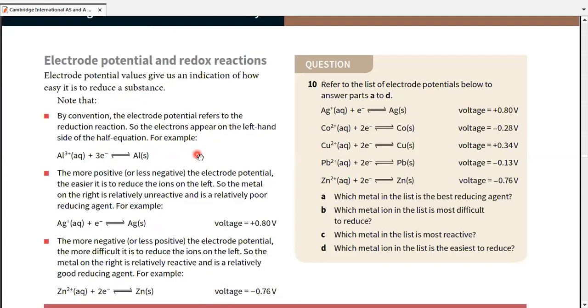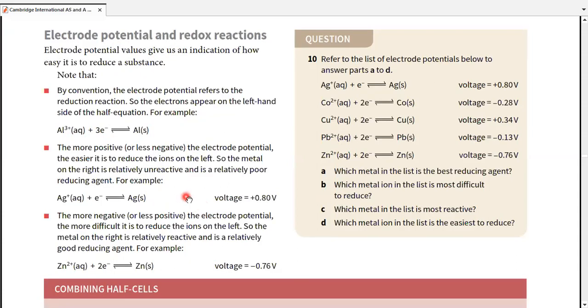So, second point, the more positive or less negative the electrode potential is, the easier it is to reduce the ions on the left. Okay? So, the more positive this value gets, or the less negative, the smaller the negative value, the more this compound likes to reduce from ions to metallic form. Are we clear with the second point? Yes, sir. Good.